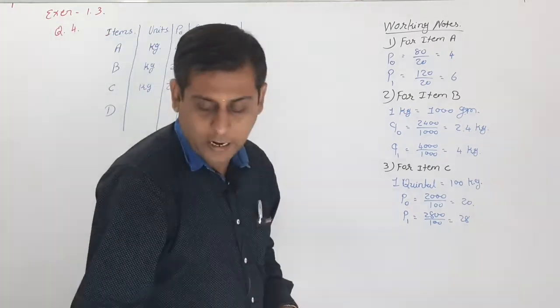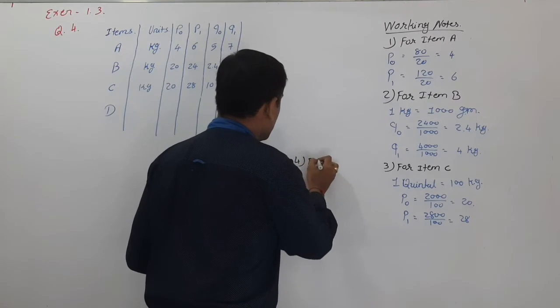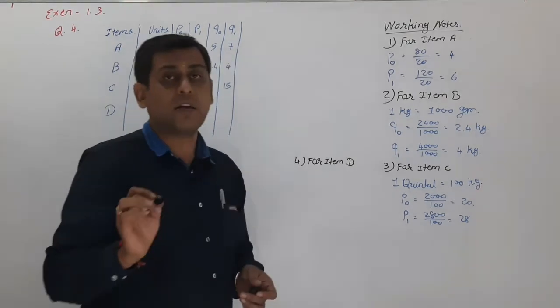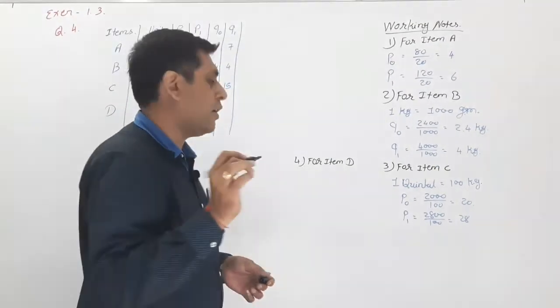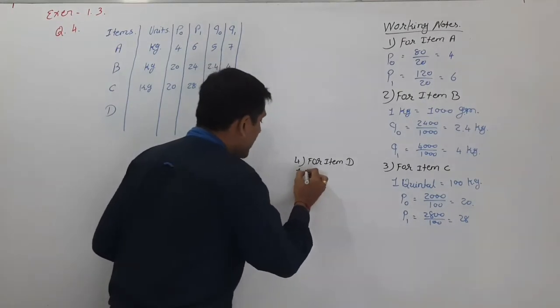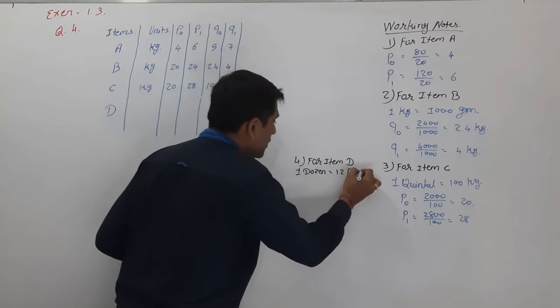Now for item D, see, dozen is given in the unit column and pieces is given in the quantity column. That is, 1 dozen is equal to 12 pieces.